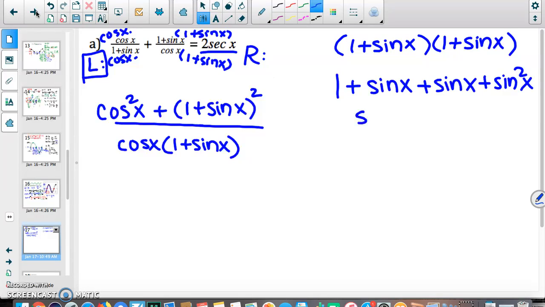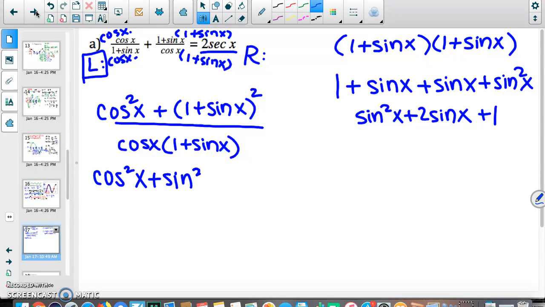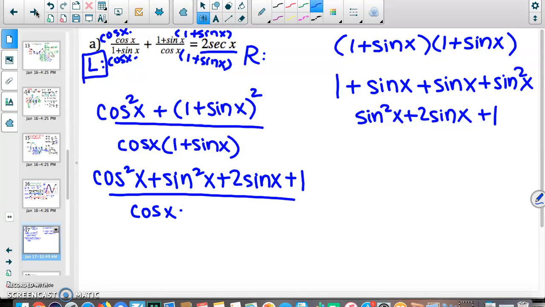So I get sine squared plus 2 sine plus 1. Awesome. So let's rewrite this. I get cosine squared plus sine squared plus 2 sine plus 1, all over cosine times 1 plus sine.